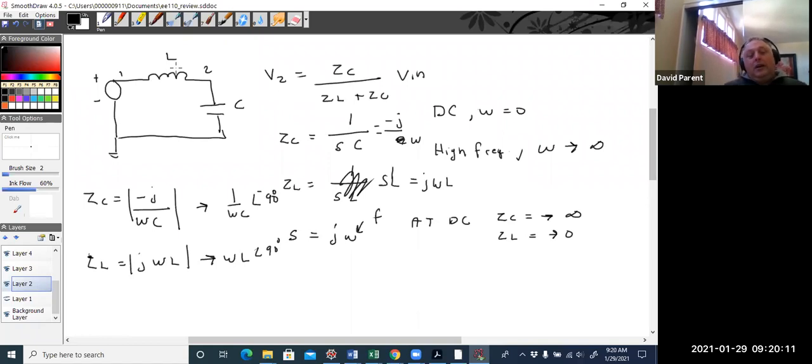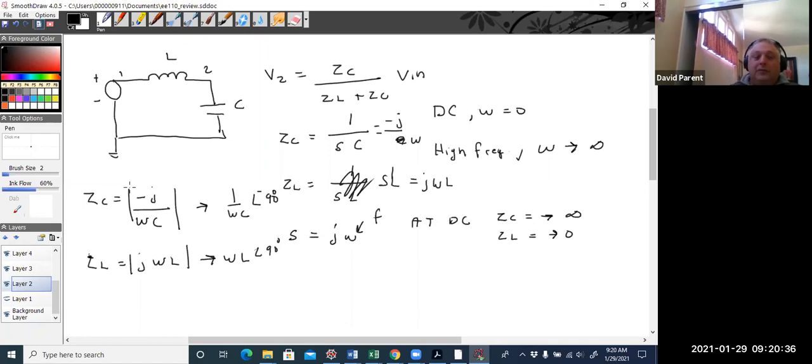And remembering that an inductor is really a coiled wire, right? And it isn't until you have frequency that the inductance kind of manifests itself, right? And the capacitor is, in fact, parallel plates with a dielectric, which is essentially an open circuit at DC, right?